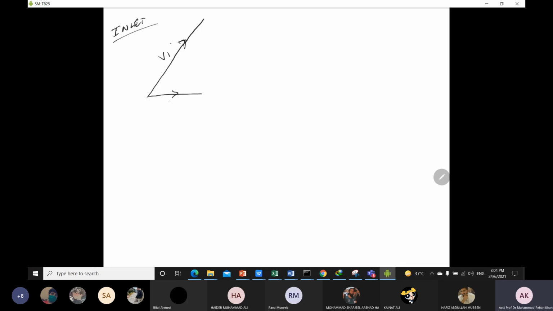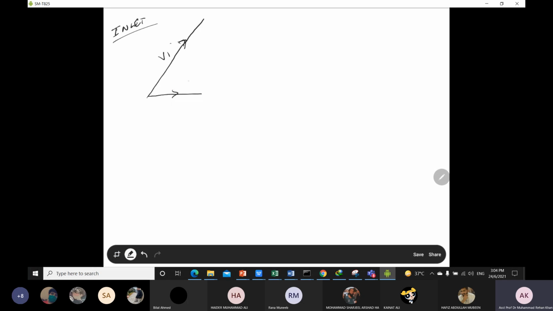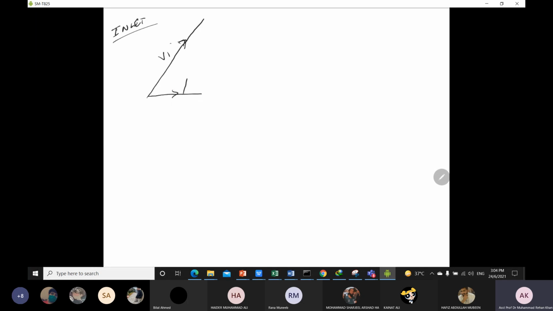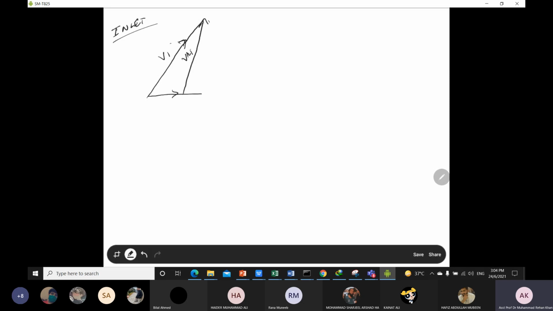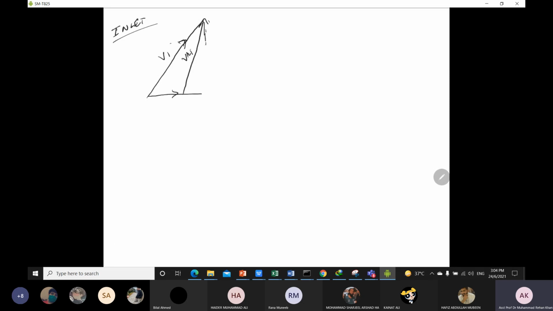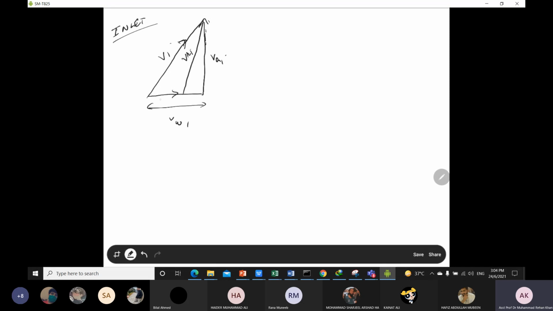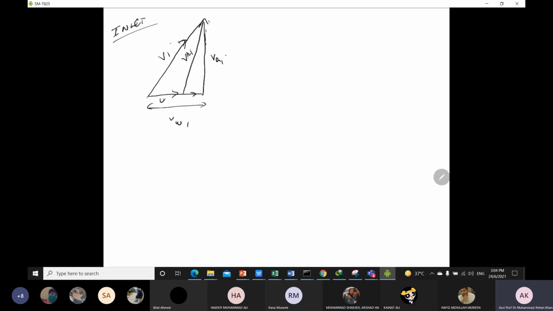This is U, and then we have the relative velocity, which comes between, and that is VR1, and then we have the axial component. You can mark the axial component over there. So VA1, and this whole is VW1, and this angle is beta 1, and this angle is alpha 1. So this comes from the inlet velocity diagram, and now I will draw the outlet velocity diagram.